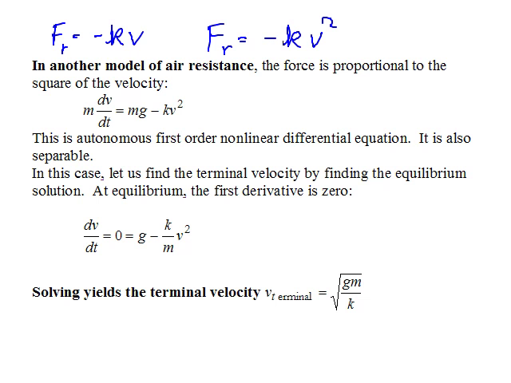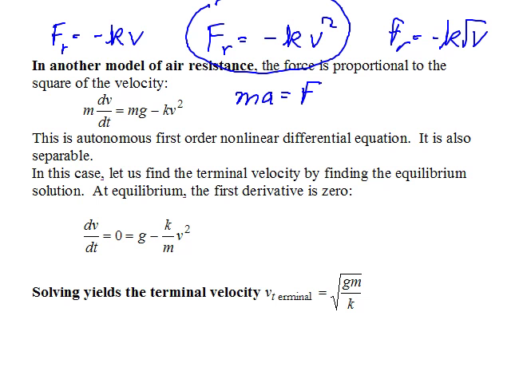That's what we're going to do now. There was a third one, which we're not going to do. The resistive force is proportional to the square root of the velocity. So when I have mass times acceleration equals force, then including all forces, I will have the force due to gravity, right? And then I will have a resistive force.